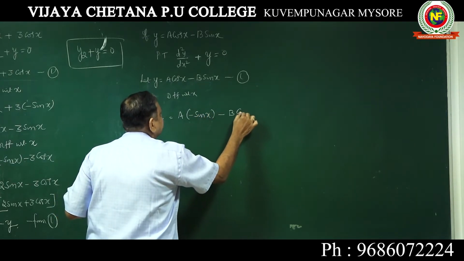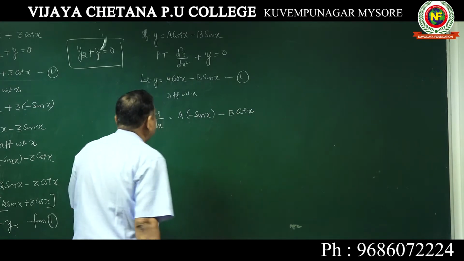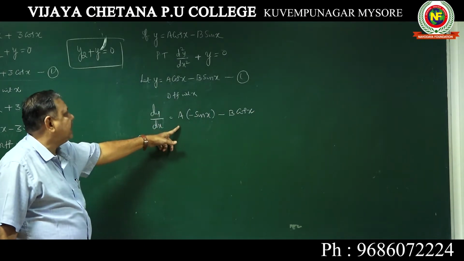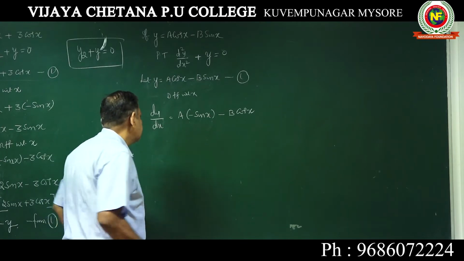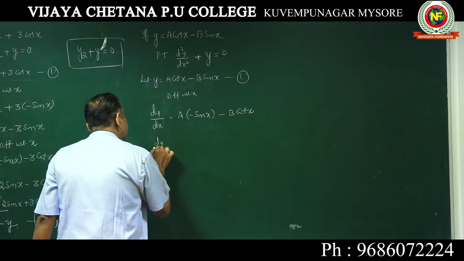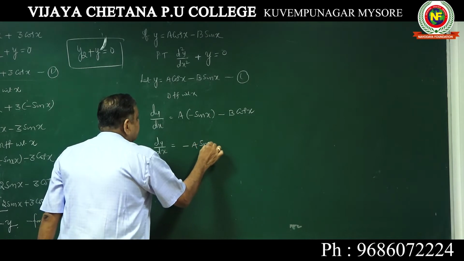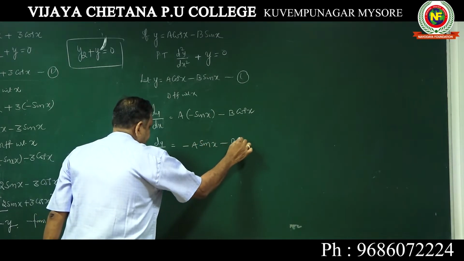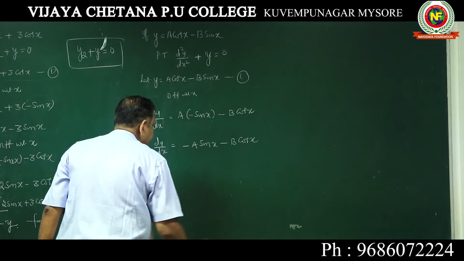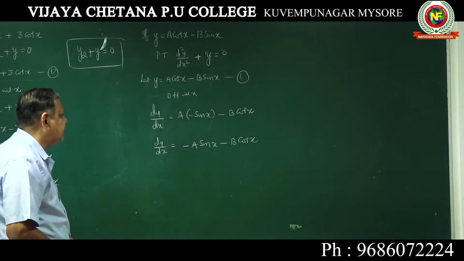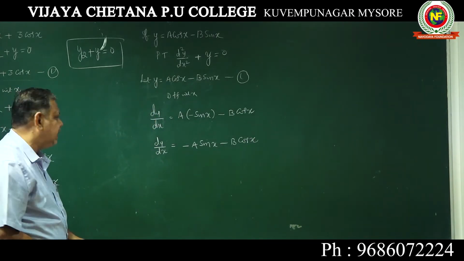Sin x differentiation is cos x. Be careful here. A into minus sin x minus b cos x. Now dy by dx equal to, I will further simplify, minus a sin x minus b cos x. I have further simplified it with the minus sign.